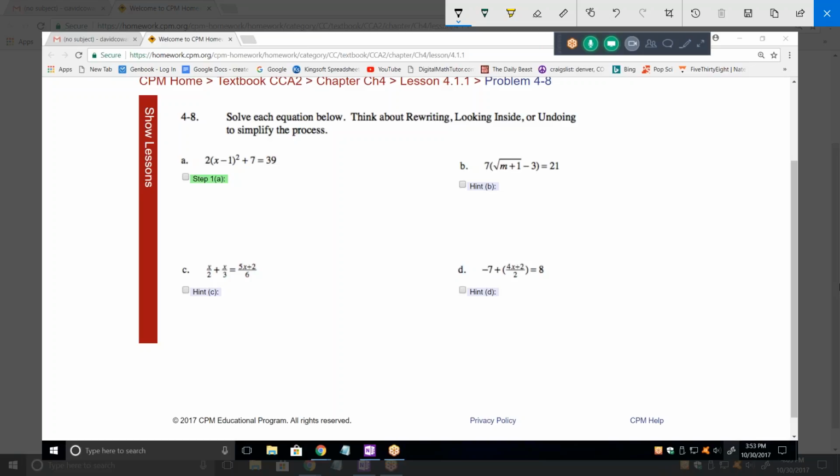Oh, 6. In other words, if I multiply the left side of the equation by 6, it's basically the same as finding a least common denominator. Notice I'm going to multiply that 6 by that first term. What have I got?